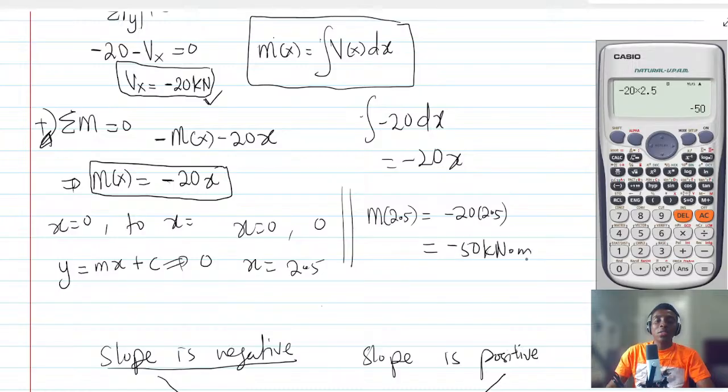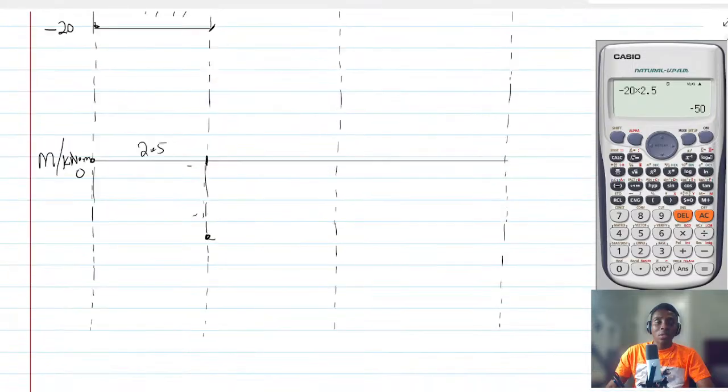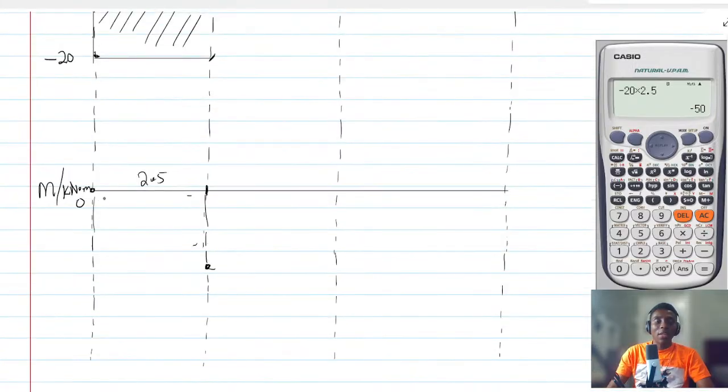Please, I'm sorry for this. The first part is supposed to come here as minus 50. I think that is why I didn't understand the answer that we got.